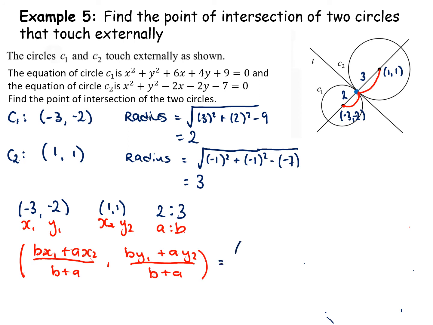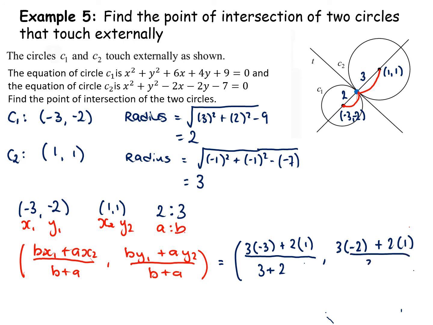And working that out, we get 3 times minus 3 plus 2 times 1 all over 3 plus 2. Again, 3 times minus 2 plus 2 times 1 over 3 plus 2. I'm working that through.